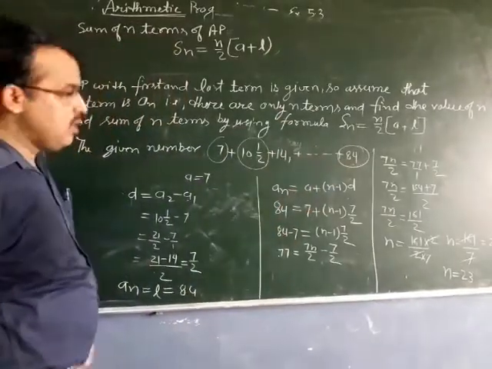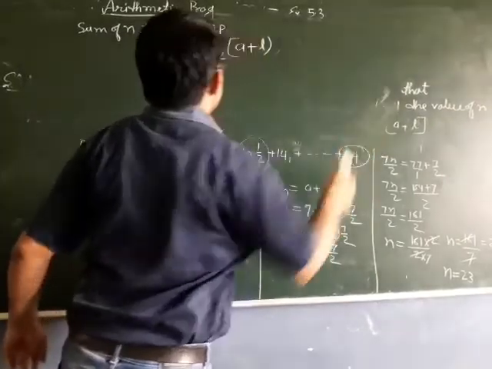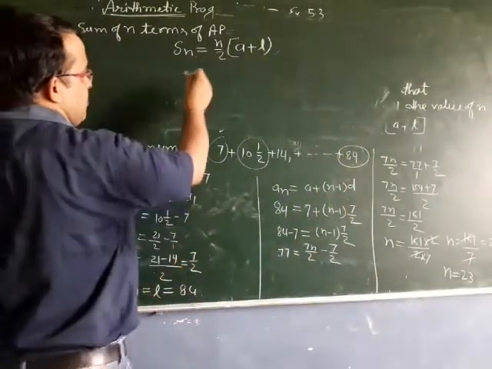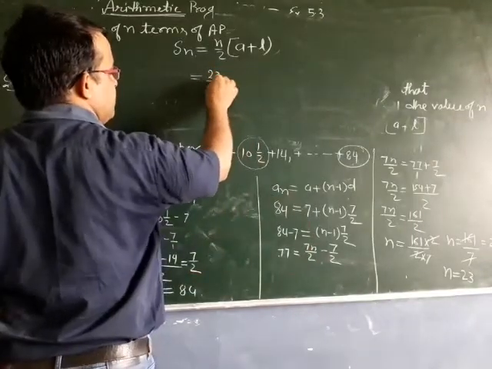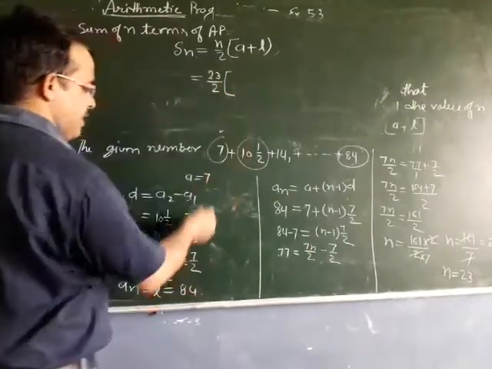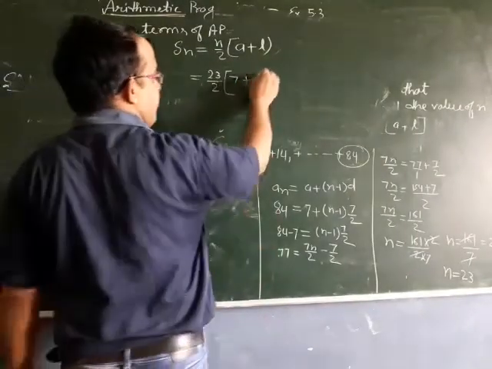Now put the values: n is 23 by 2, a is 7, and the last term is 84.